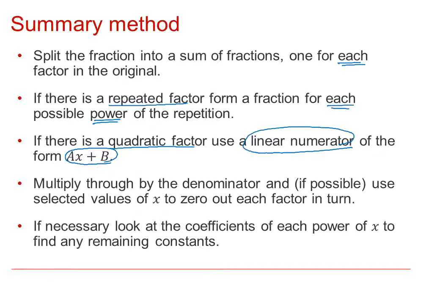Then you multiply all the way through, left-hand side and right-hand side, by the denominator, and if possible look for values of x which will make one or more of the factors 0, and if necessary look at the coefficients of each power of x, starting with x², as that is usually the easiest coefficient to pick out.